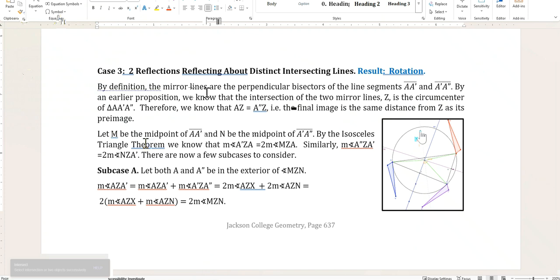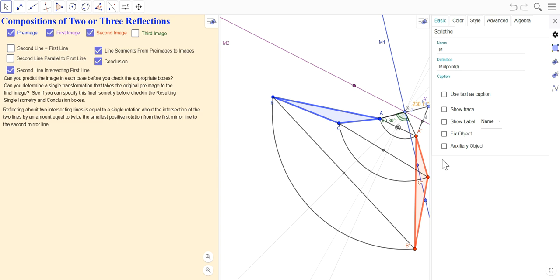We're going to call that M. And where this one crosses here, we're going to caption that as N. So we're going to give those things names, so we know what these two points are. Now, that's not what I want. Sorry, that's not N.